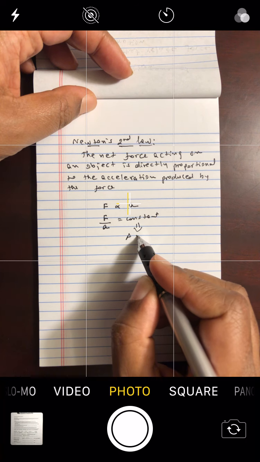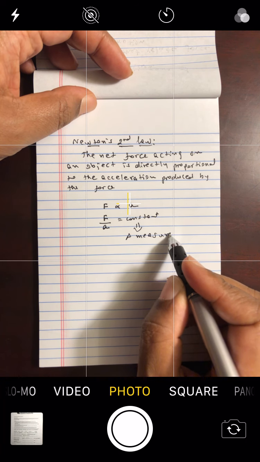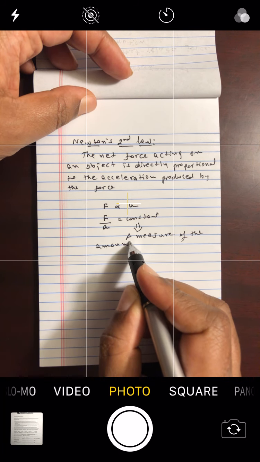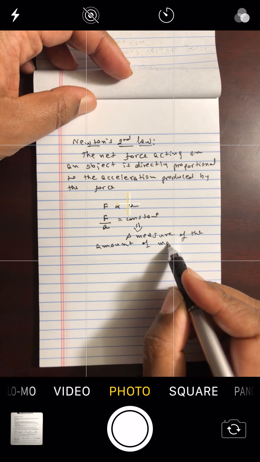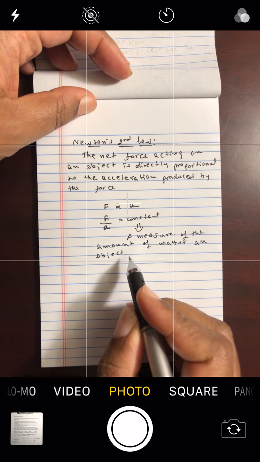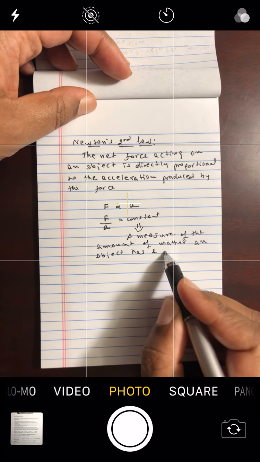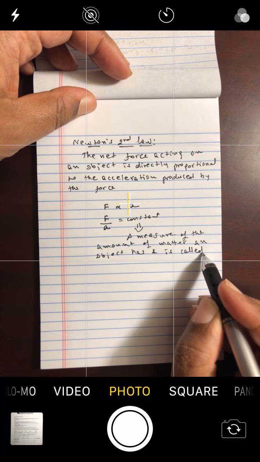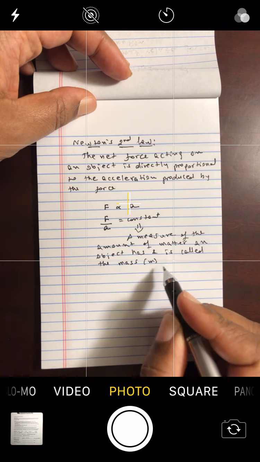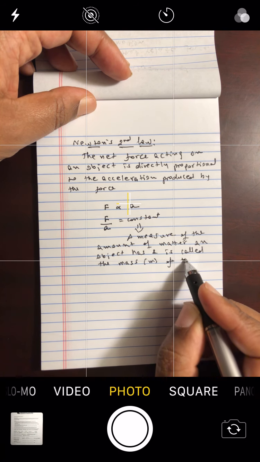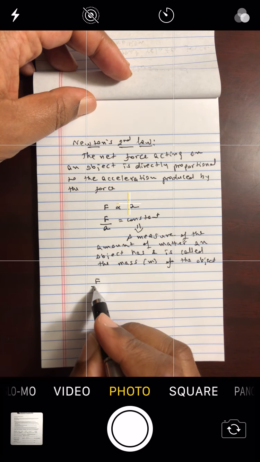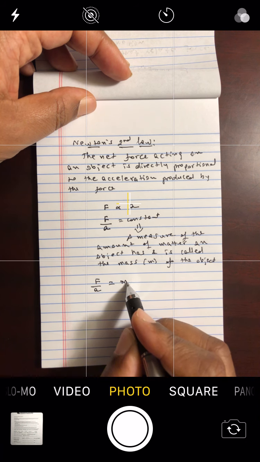This constant is a measure of the amount of matter an object has, and is called the mass, M, of the object. Okay, so we can write the ratio between force and acceleration equals the mass of the object.